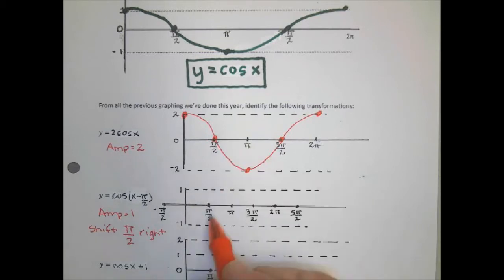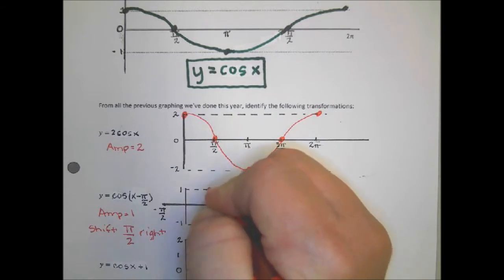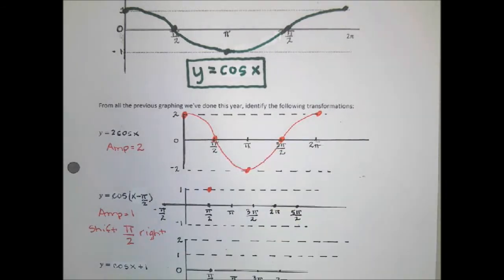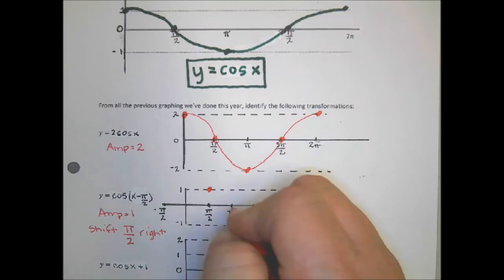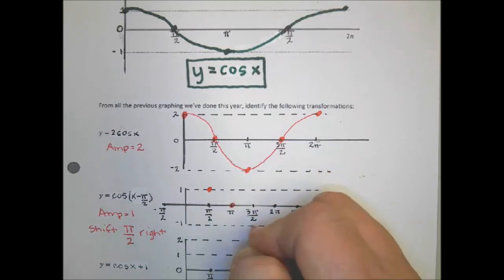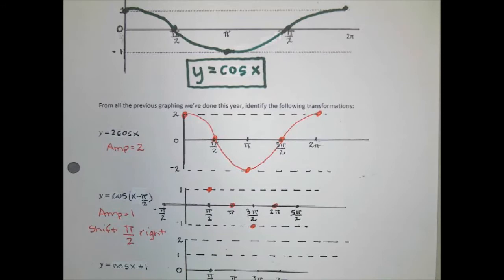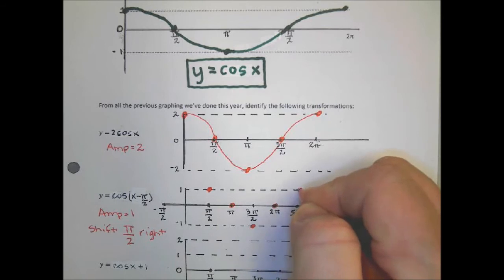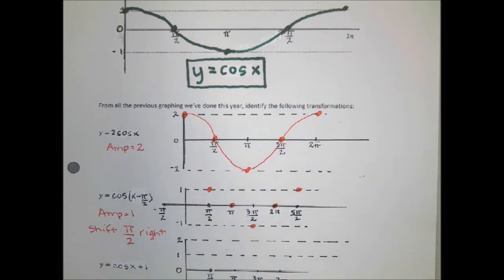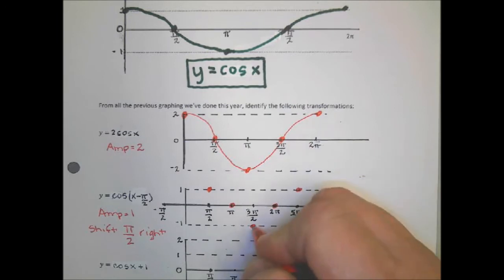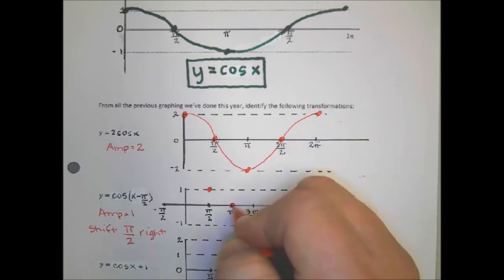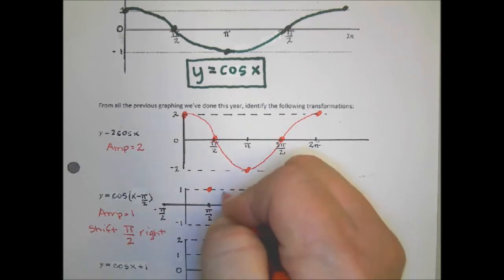It's going to start right here. So the 1 is right there. I pass through right here. Then I hit negative 1 right there. And then I pass through again right there. But since I shifted 1 to the right, I actually had to add 1/2 of a pi radian to my graph. So there you go.